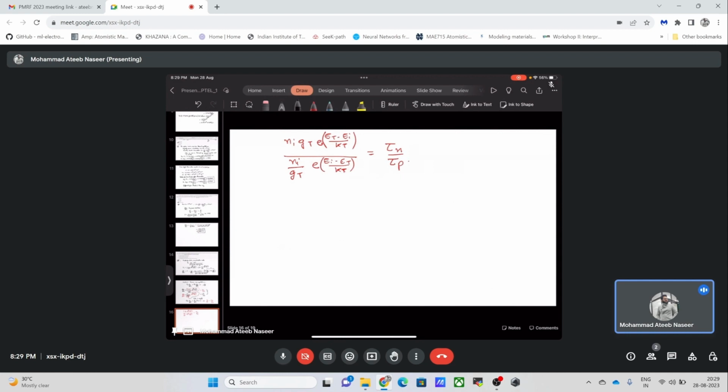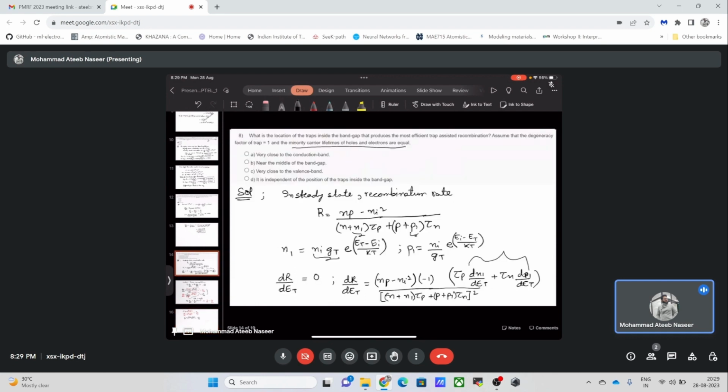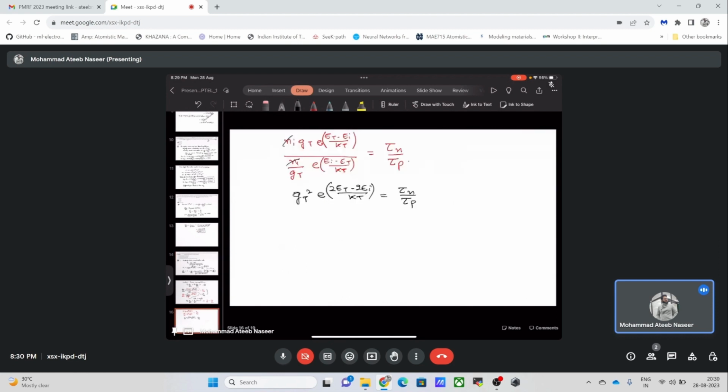Now ni and ni will go, and it becomes gt² exponential of (2Et − 2Ei)/kT, equal to τn/τp. But I think we had been given this degeneracy value, and gt is equal to 1. Let's take ln on both sides.